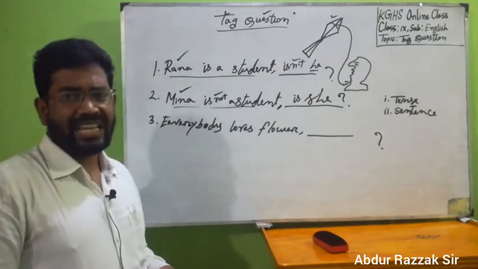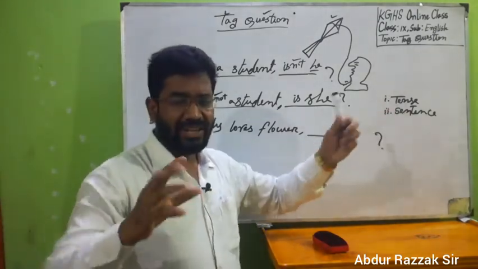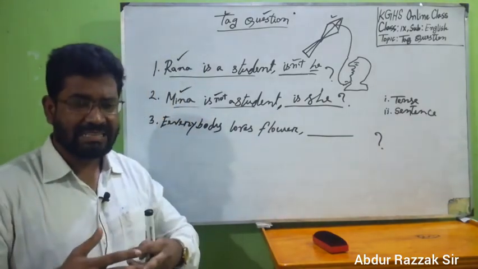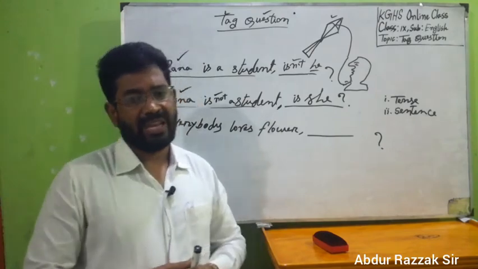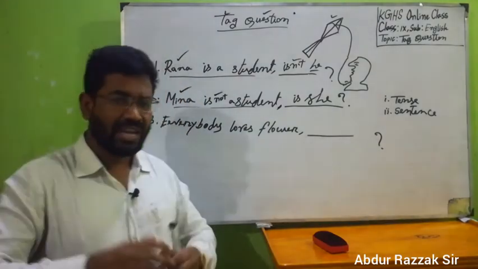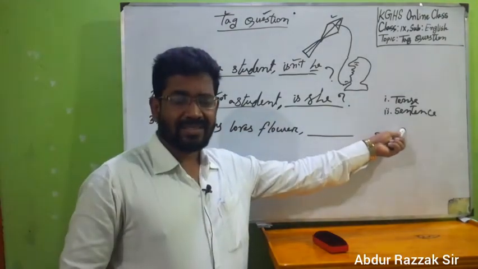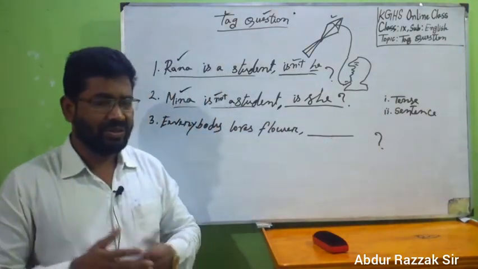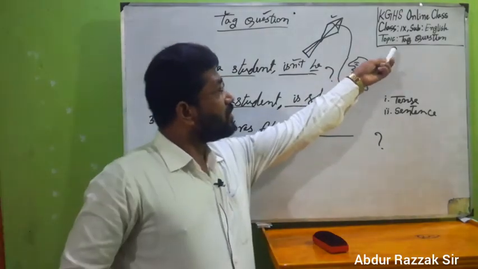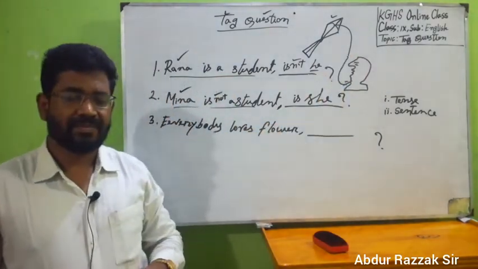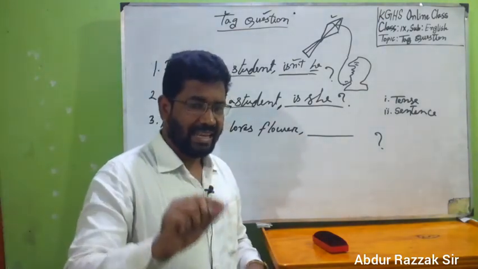Dear students, if you have a good idea about these two topics, it will be very easy for you to practice and make tag questions. And if you don't have a good idea on these two topics, it will be a disaster for you to continue and be perfect on this topic. Yes, students, I think you have a good idea about these two topics, tense and sentence.